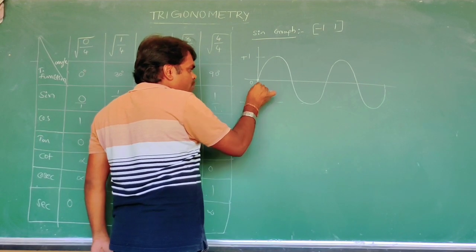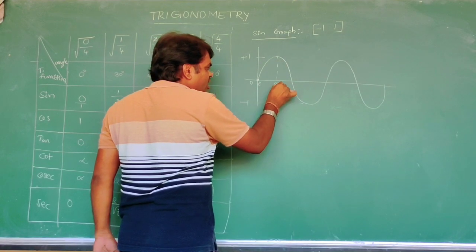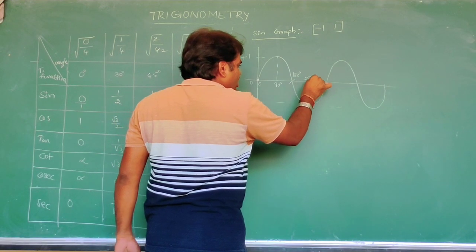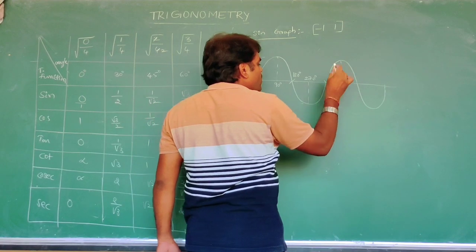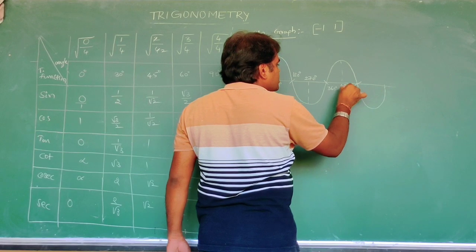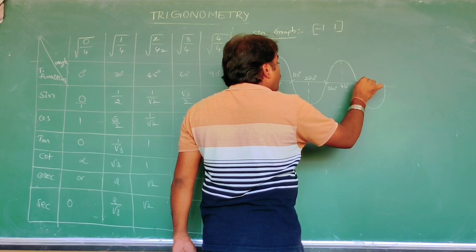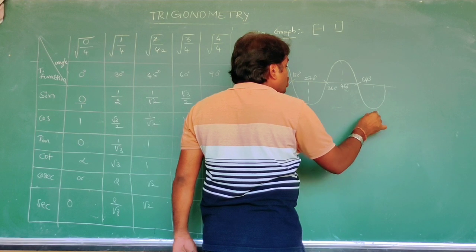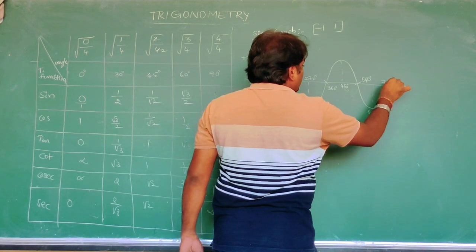It is represented as 0 degree. This is 90 degree. This is 180 degree. This is 270 degree. This is 360 degree. This is 90 added, 450. Again 90 added, that is 0, so 540 degree. Again 90 added, that is 0, 3, 6, then 90 added, 720 degree.